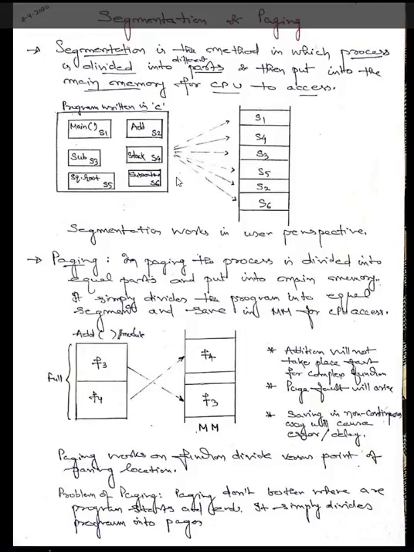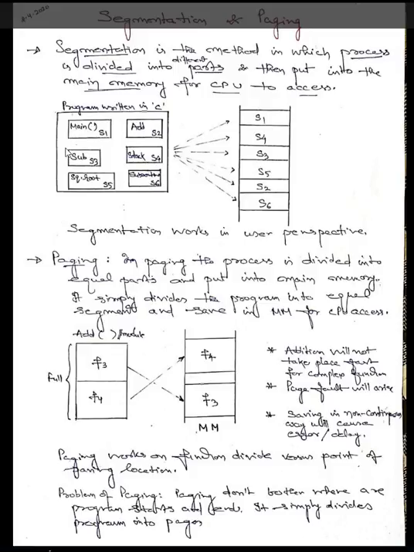Let's take an example. This is a program in C. This program has different sections, like a main section, an addition section, a subtraction section, square root, stack, subroutine.